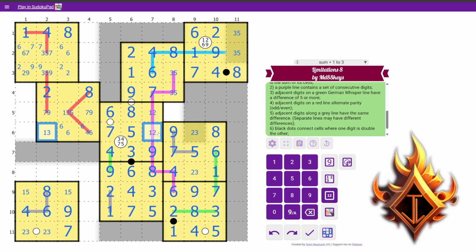This is 1, 2, 3. So that's 4, 6. So this is 1, 3, 5. And now these cannot be 1, 3, 5. So they will be other stuff. Neither one of them can be 4.